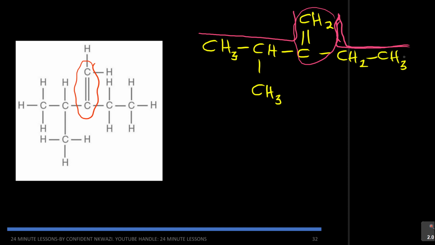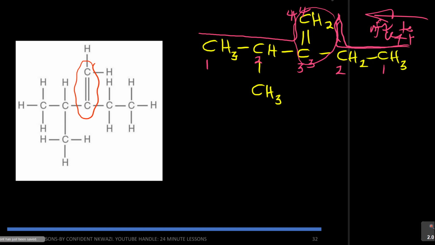But now if you look at the one, when I'm using this part to say the numbering is 1, 2, 3, and 4. And if I number the other side, it's 1, 2, 3, and 4. Now if I take from right to left, let me draw it now from right to left. Look at what I'm going to be having.